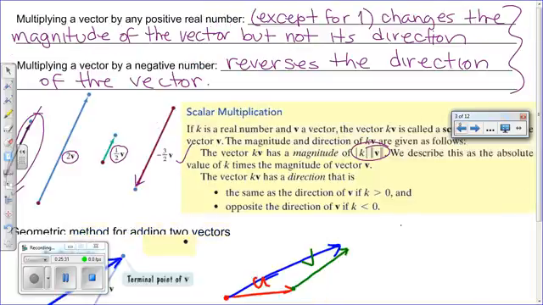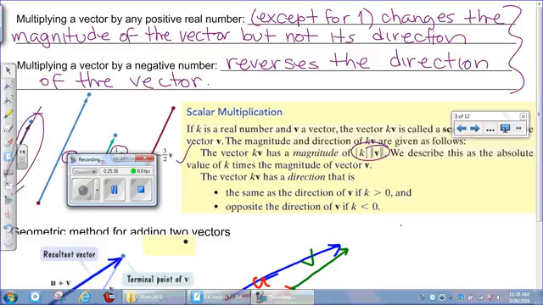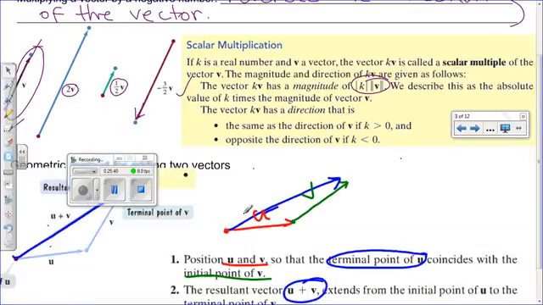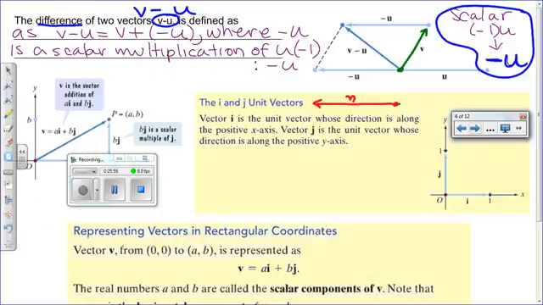If you notice, the one that we did before, we were actually doing u plus v, right? So that is why we took the terminal point of u, which is this one. But now we're doing v minus u, okay? So we're going to take the terminal point of vector v. I just don't want you guys to be confused. So the terminal point of v will be this one right here. So we're going to take that one.